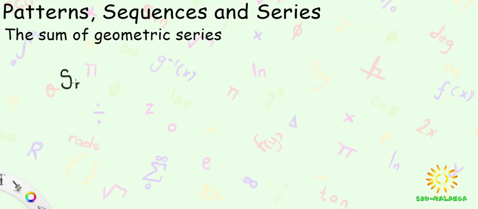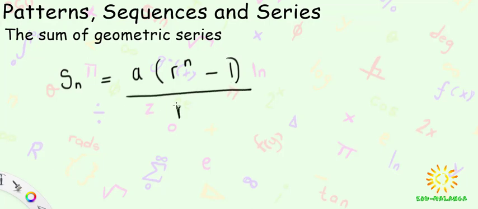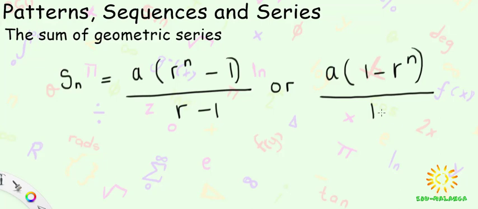You have Sn, which is the sum of n terms of a geometric series, is equal to A, the first or starting term of the series, times (r to the power of n, where r is the common ratio for a geometric series and n is the number of terms, minus 1), divided by r minus 1. Or you have A times (1 minus r to the power of n), divided by 1 minus r.